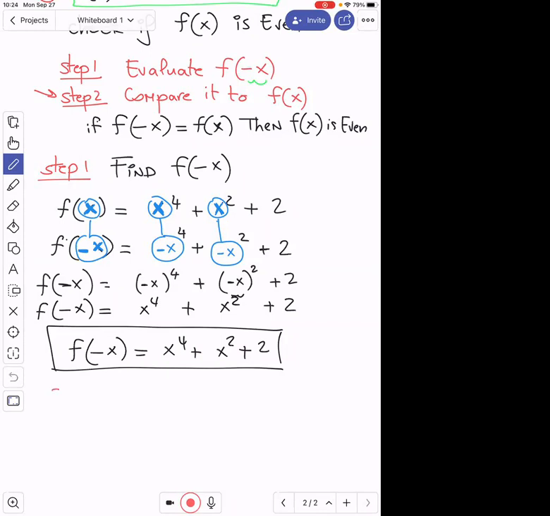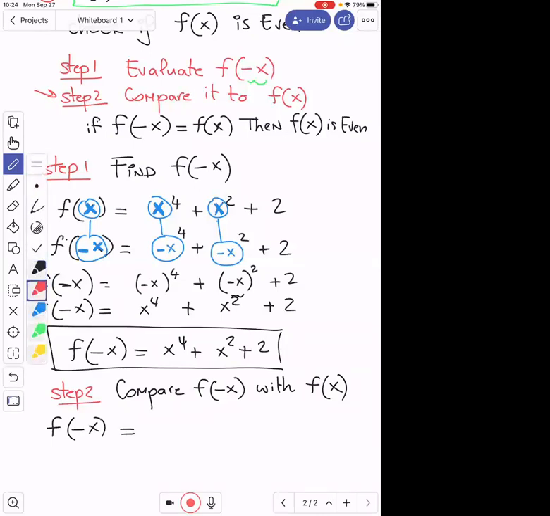So we compare f of negative x, which I got from step 1, and we said it is equal to x fourth plus x squared plus 2.